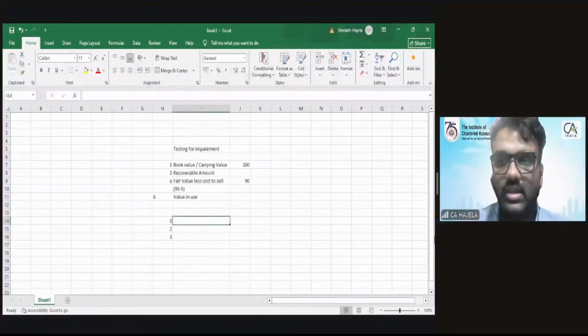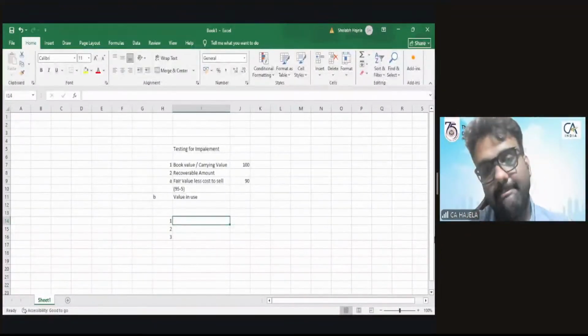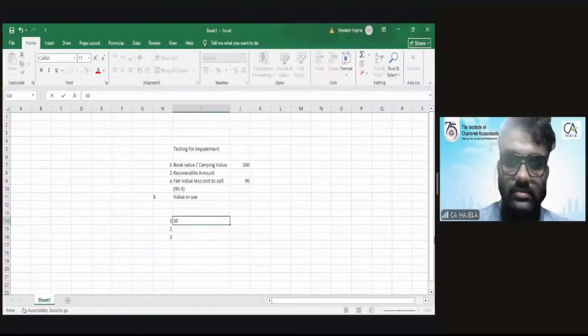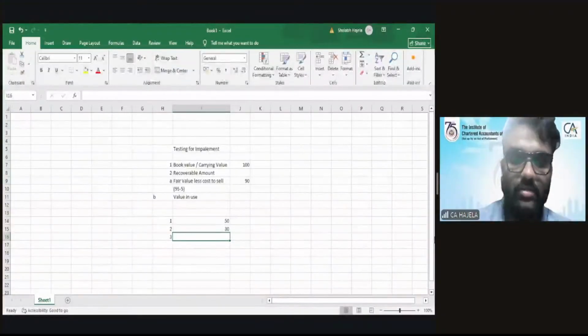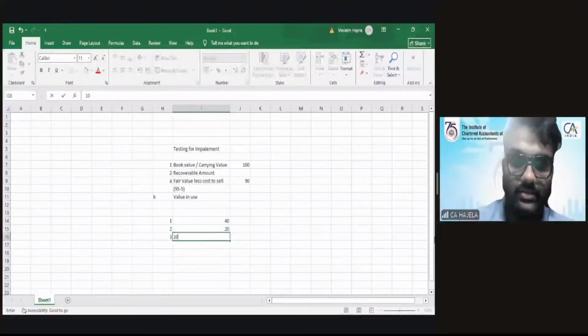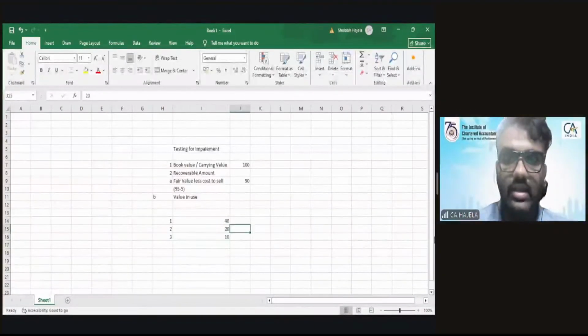It will give me a benefit of, let's keep it this way, 40, 20, and 10.